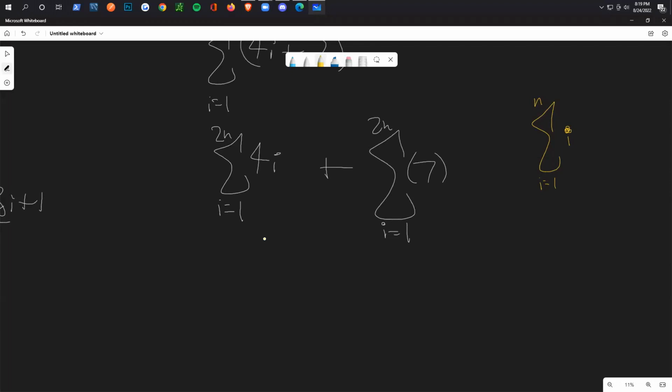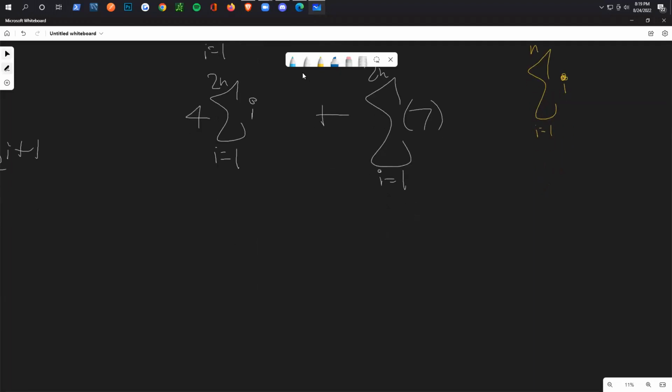Whenever we have a summation with 4 times i, it goes 4 times 1, 4 times 2, 4 times 3, etc. So we can pull out the common term 4. When we pull out the 4, we're left with this, and we can plug it into our formula.